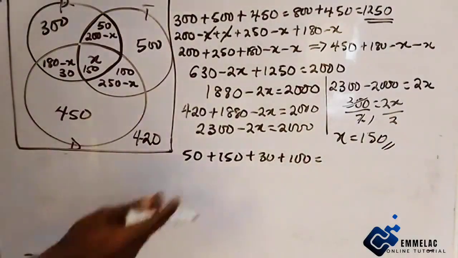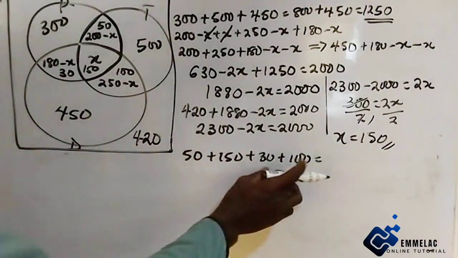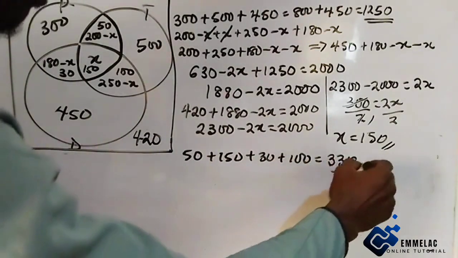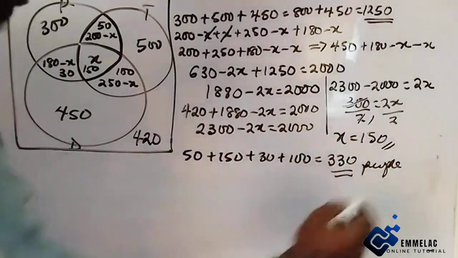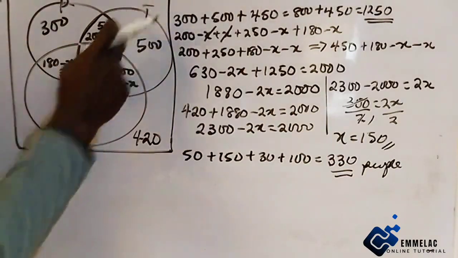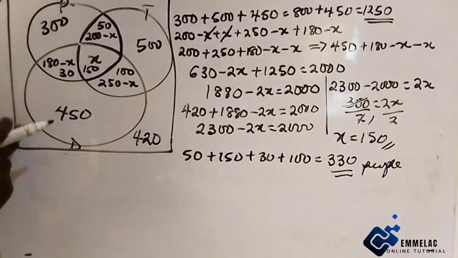This gives us 200, then 300 plus 30, which gives us 330 people.